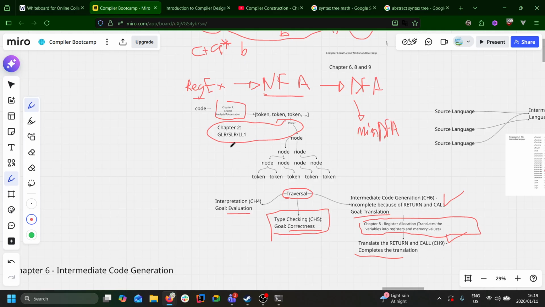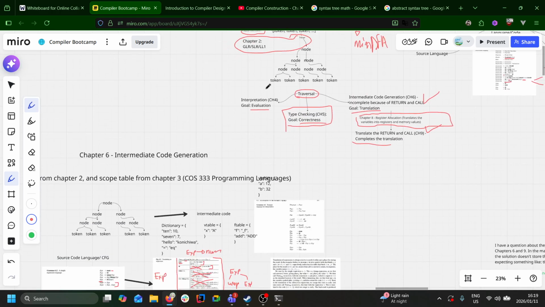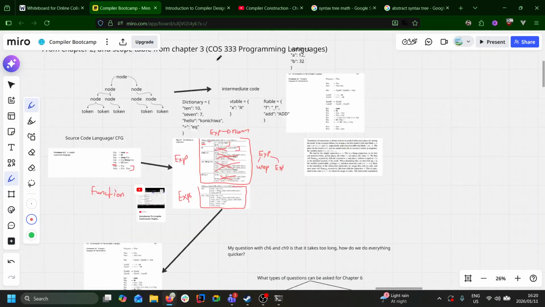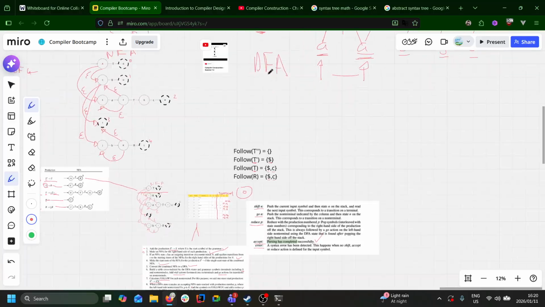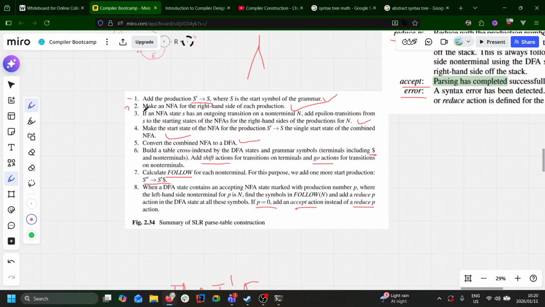For chapter two, I think in my video I do a good job of separating these three algorithms, because each algorithm has its own procedure.